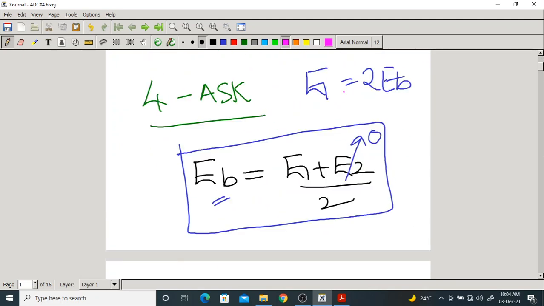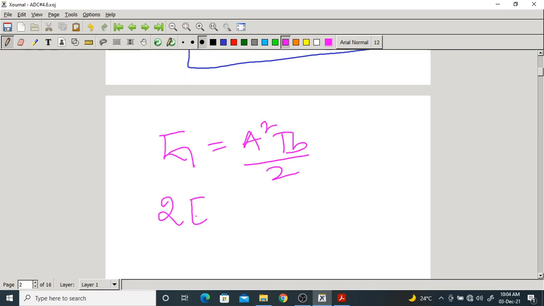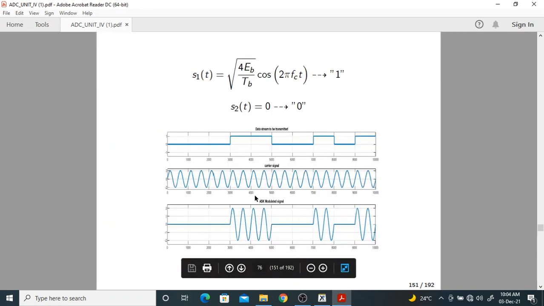E1 equals A squared TB by 2. But E1 equals 2 EB. So 2 EB equals A squared TB by 2. From this you can calculate A. What is A? Square root of 4 EB by TB.